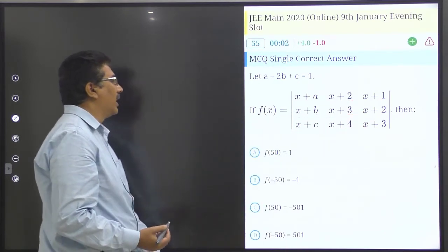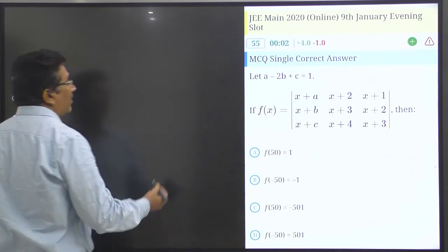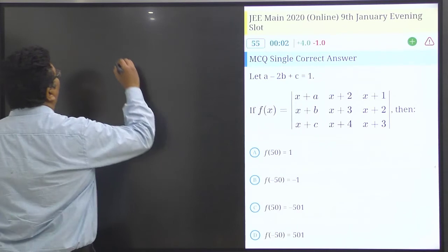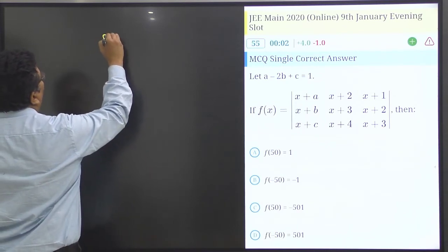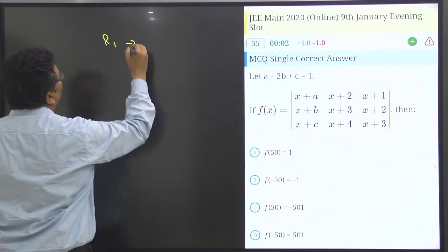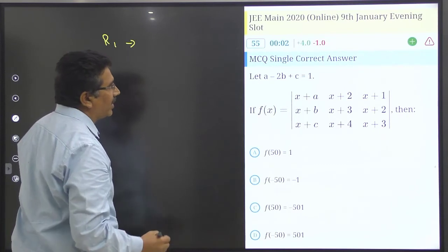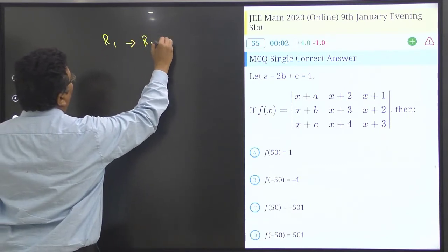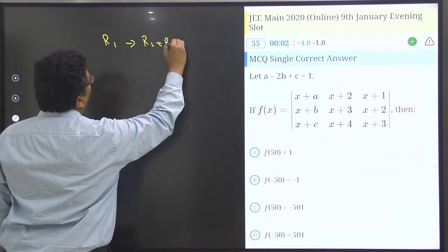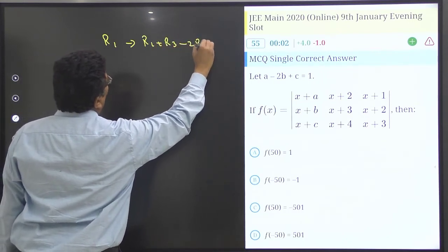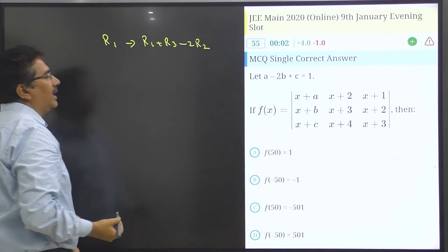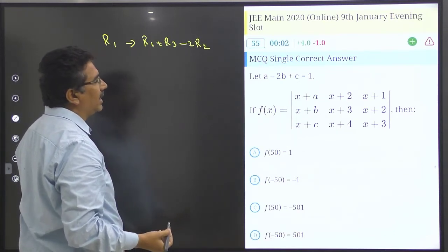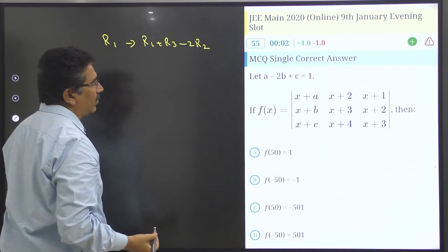Now, for simplifying the given determinant, replace R1 by R1 plus R3 minus 2R2.